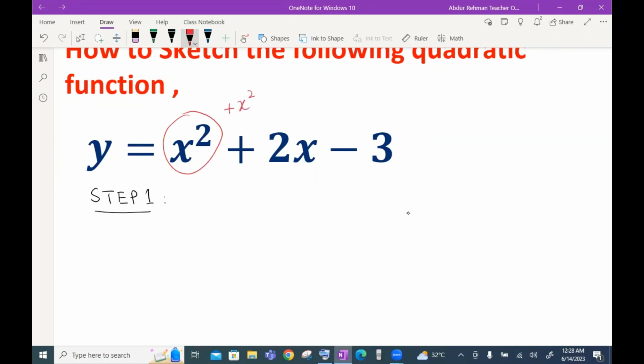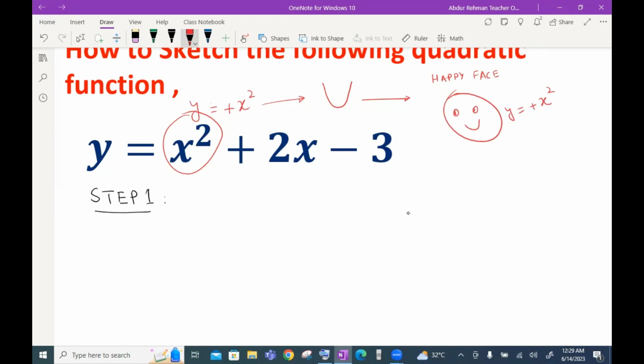So when y equals a positive x squared, this type of function is a minimum value function, and this type of parabola will be drawn, and we can memorize it by the happy face.